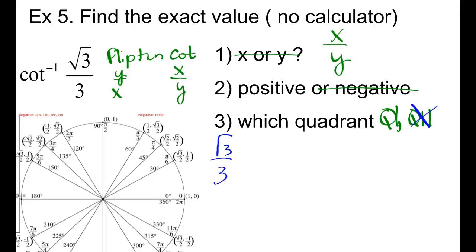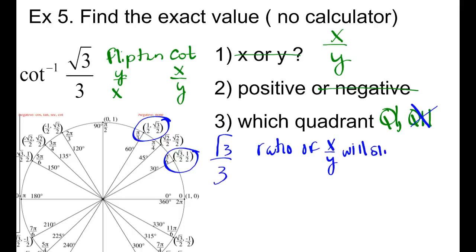Since it's the square root of 3, I'm looking at 30 or I'm looking at 60. One of these ratios will simplify to this fraction. So this is what we're looking for. The ratio of x to y will simplify to the square root of 3 over 3.